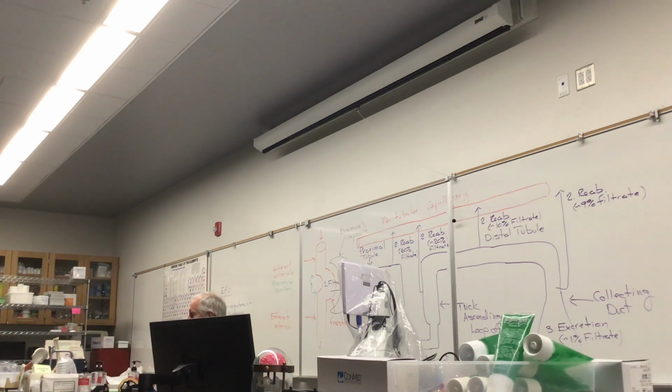And I also said that of that 180, the kidneys put back how much into the circulatory system? 178.2 actually is what I said. Now, I'm curious. 178.2 divided by 180 is what percent? It is 99%, which means 1% is lost, and that's right there in our diagram, right?